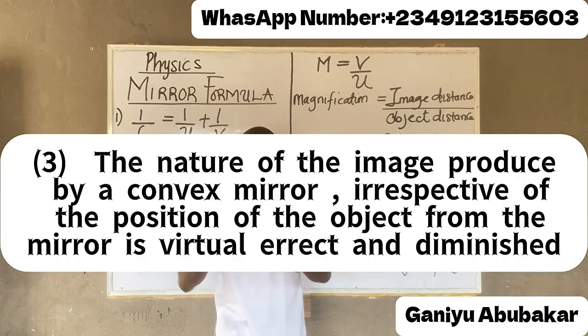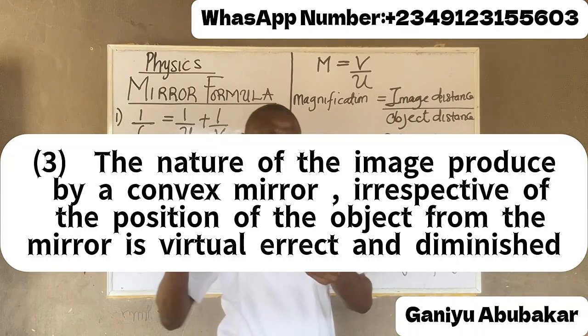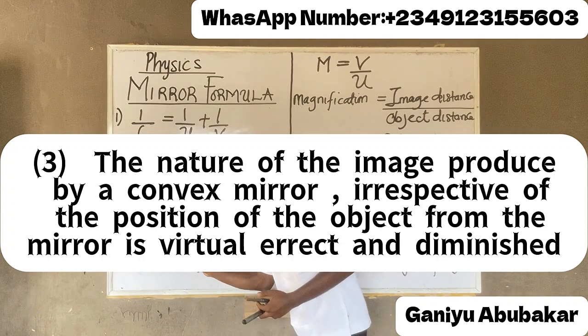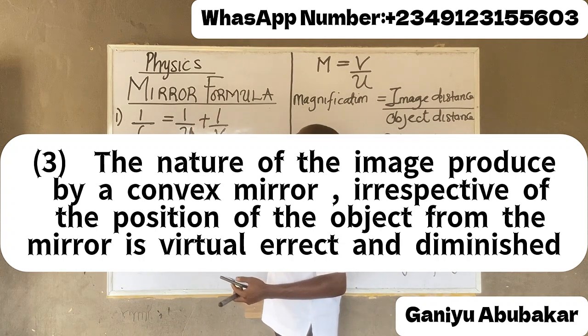Number 3, please. The nature of the image produced by a convex mirror. Please don't forget, a convex has negative, concave has positive.